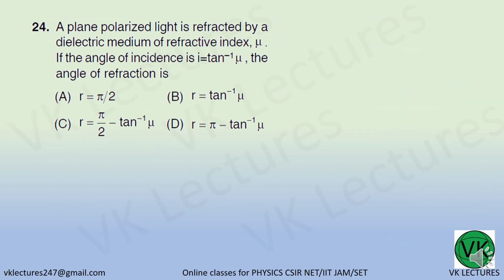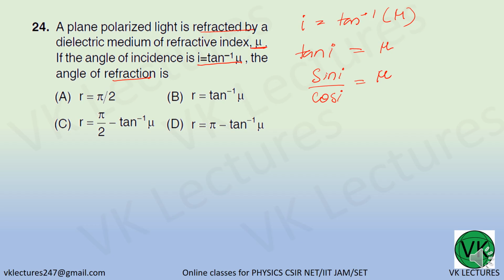A plane polarized light is refracted by a dielectric medium of refractive index mu. If the angle of incidence I is equal to tan inverse mu, then what is the angle of refraction? Now what is given in the question is I is equal to tan inverse of mu. So here we can write tan I is equal to mu, which means sin I by cos I is equal to mu, right?